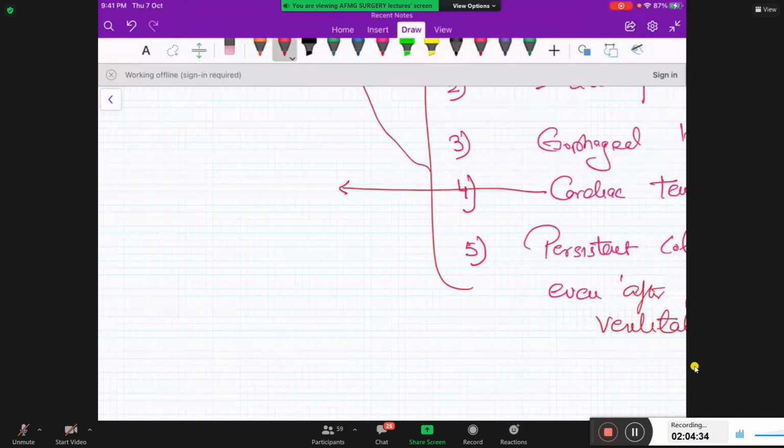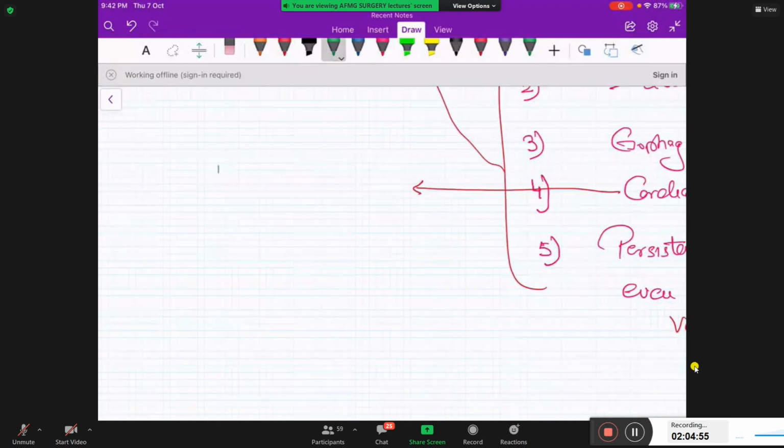We are talking about trauma, right? So, sudden accumulation of blood in the pericardium in trauma is cardiac tamponade.